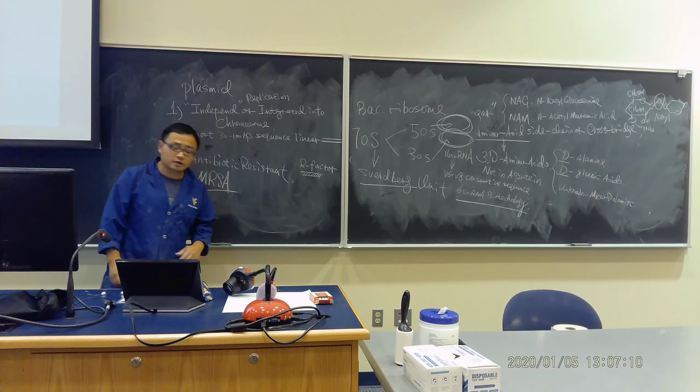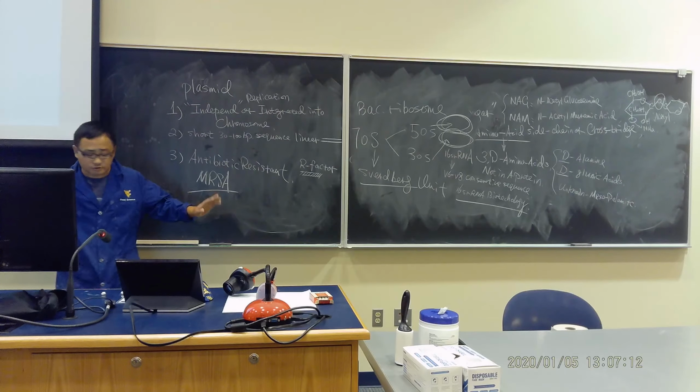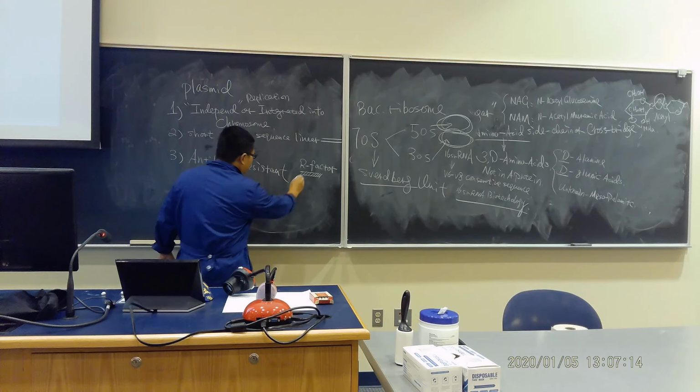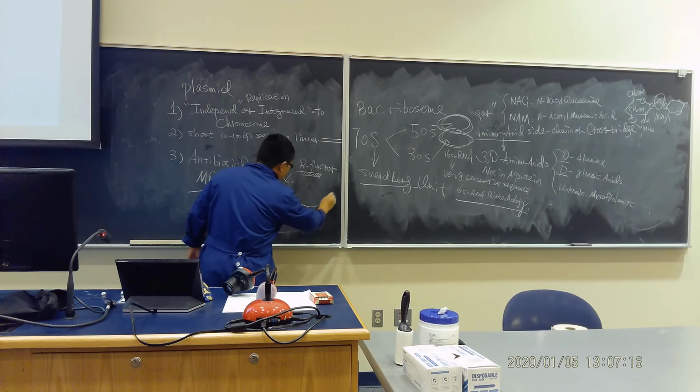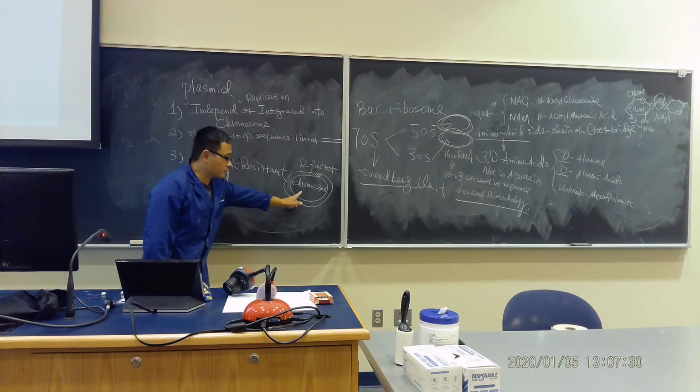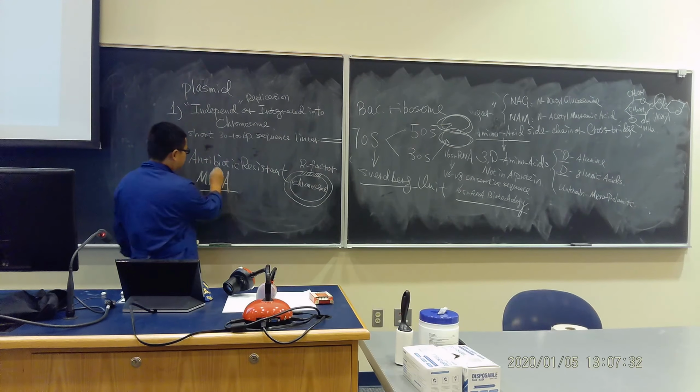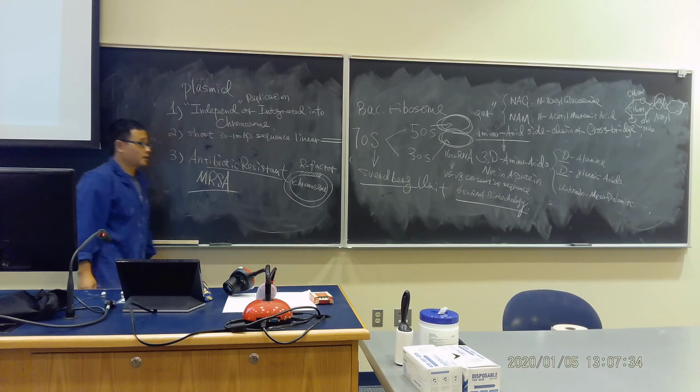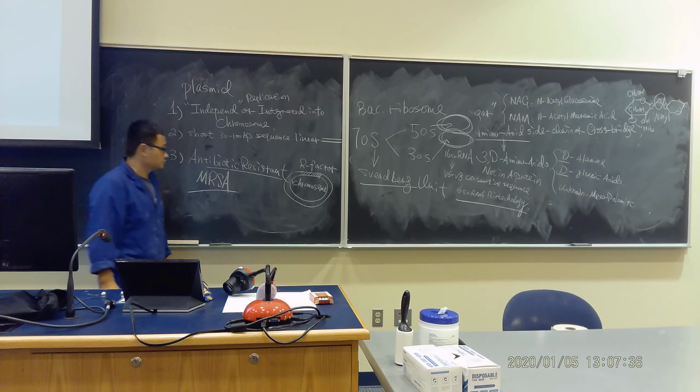If they come into the environment and another bacterium takes them up, its chromosome could integrate them. Then this bacterial chromosome also becomes antibiotic resistant. Okay? So that's a problem.